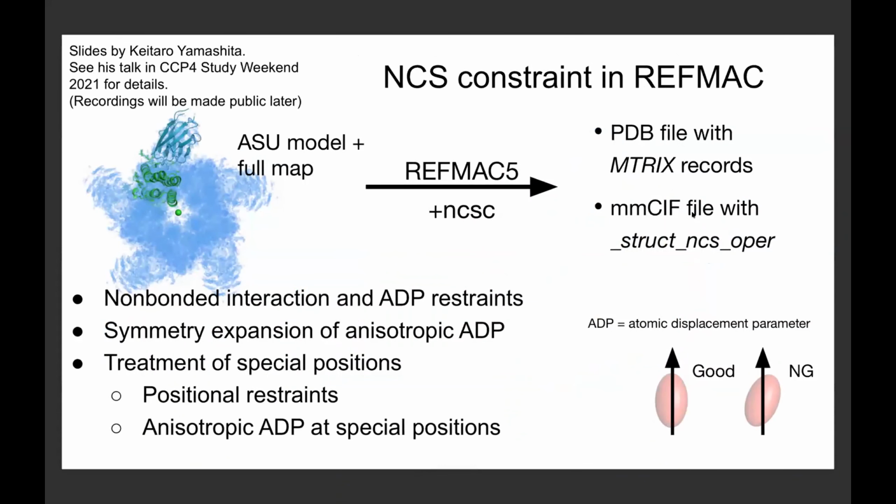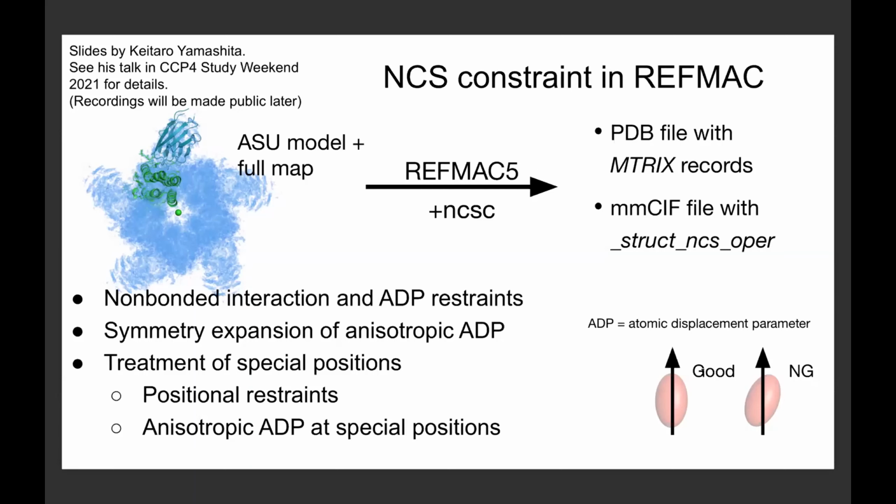So in REFMAC, you can apply NCS, or non-crystallographic symmetry, constraints. In the model, you have only one chain, but this is internally expanded to the whole assembly, and this symmetry information is also written to the mmCIF header file. You also have to take care of the many constraints due to symmetry.